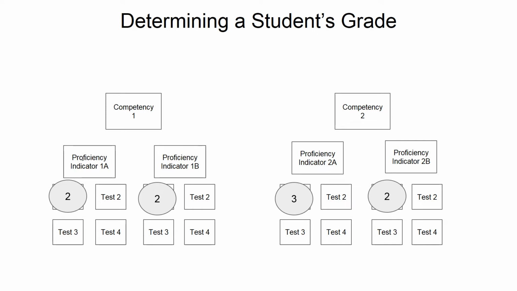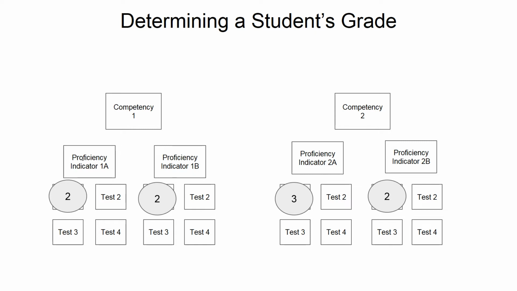In our example, after taking Test 1, the student receives the following scores on proficiency indicators 1A, 1B, 2A, and 2B: a 2, a 2, a 3, and a 2.